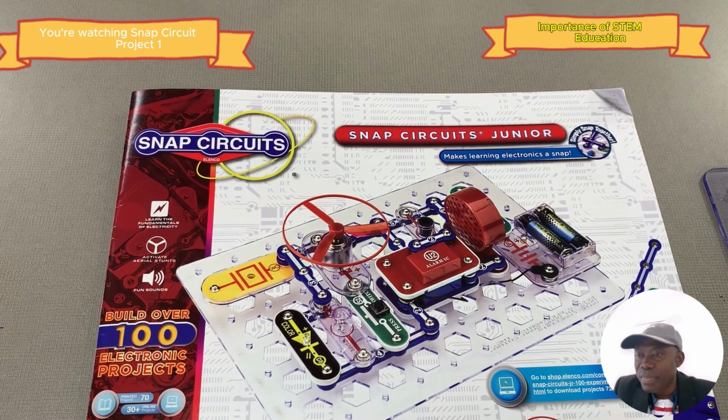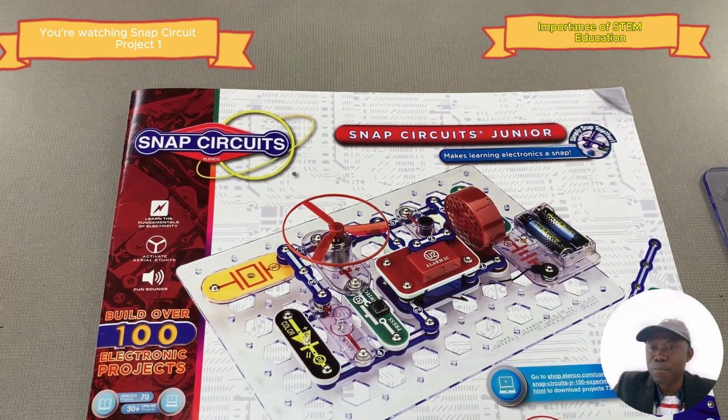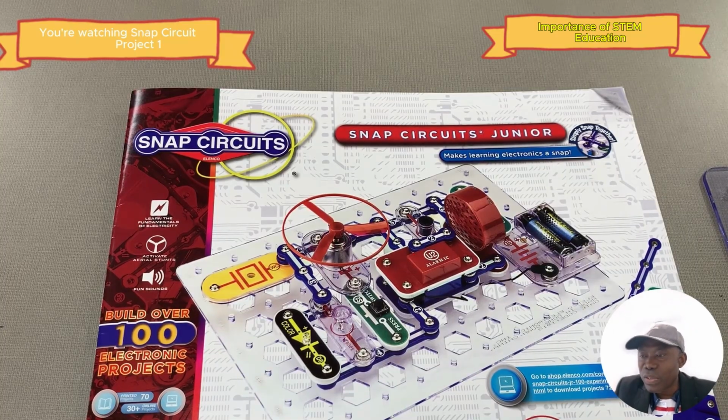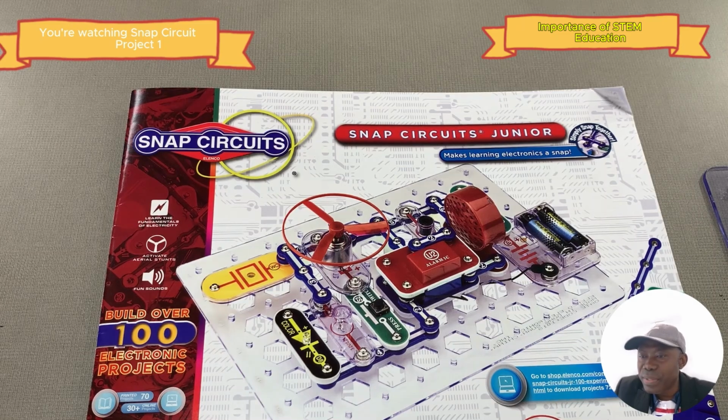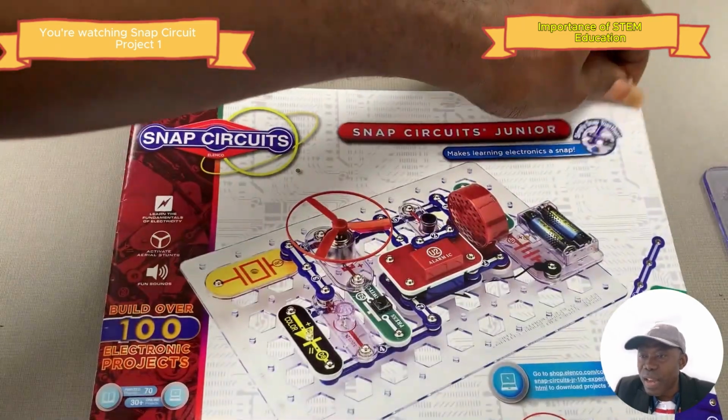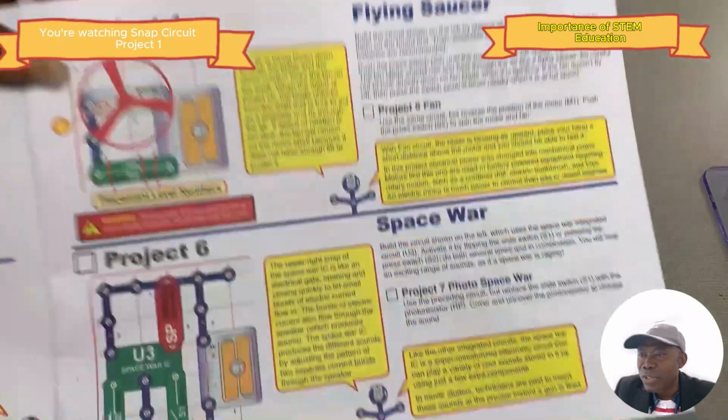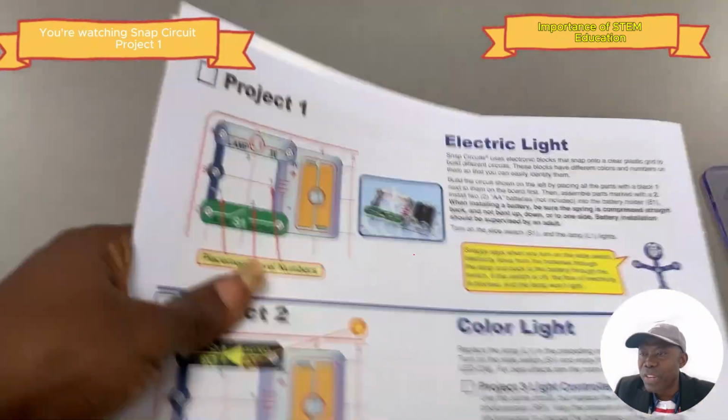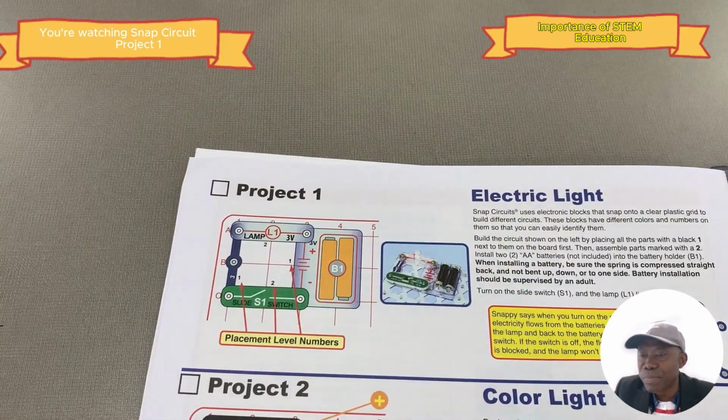Welcome to a STEM class using a Snap Circuit to demonstrate electricity or electronics, the flow of current from one component to another. Now we are going to demonstrate this, and that is me. The first project here shows the beginning of engineering. We shall look at circuit building. Project number one.